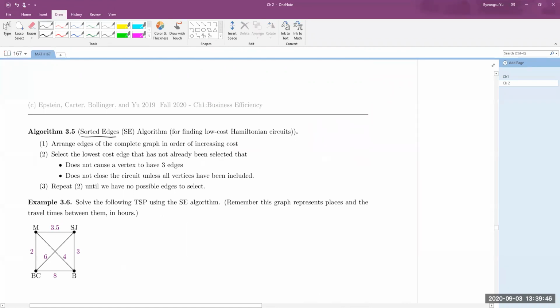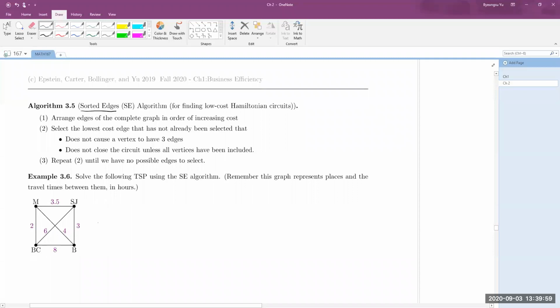So sorted edge algorithm is we just arrange edges of the complete graph in order of increasing cost, right? So just, for example, in this 3.6, just arrange edges from the least distance to the largest distance, right? So first of all, the least distance edge in here is 2, from Miami to Veracruz.